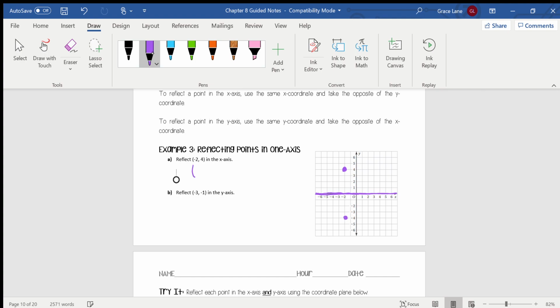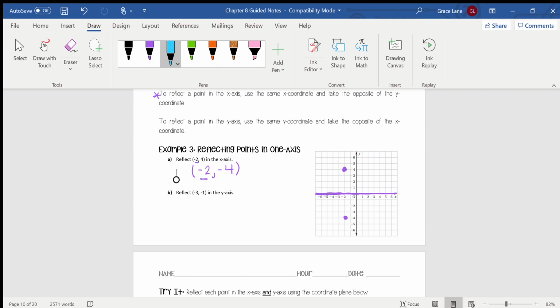And so the new point is -2, -4. If you read the directions up here, it says to reflect a point in the x-axis, use the same x coordinate. So we stayed at -2, and then take the opposite y coordinate. So the opposite of 4 was -4.